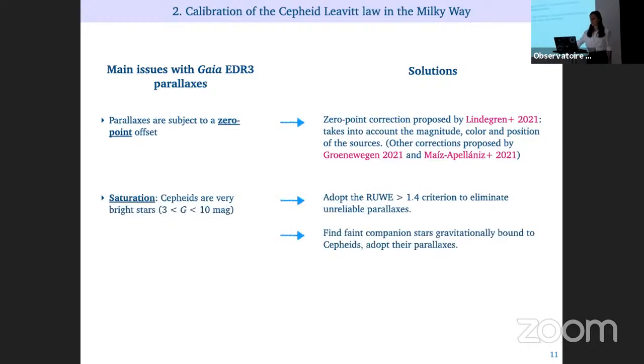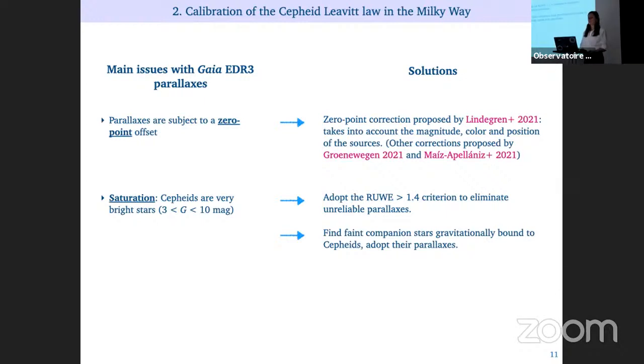A second issue is saturation. Cepheid stars are very bright, so many of them are saturated in Gaia detectors. One solution is to adopt a quality criterion from Gaia, which is the renormalized unit weight error. It should be around 1 in the ideal case, but for saturated stars or outliers, it is over 1.4.